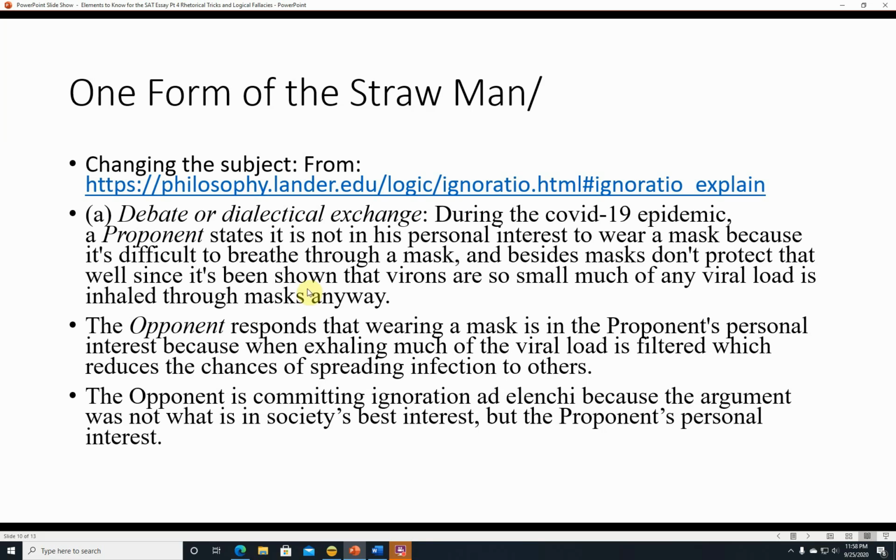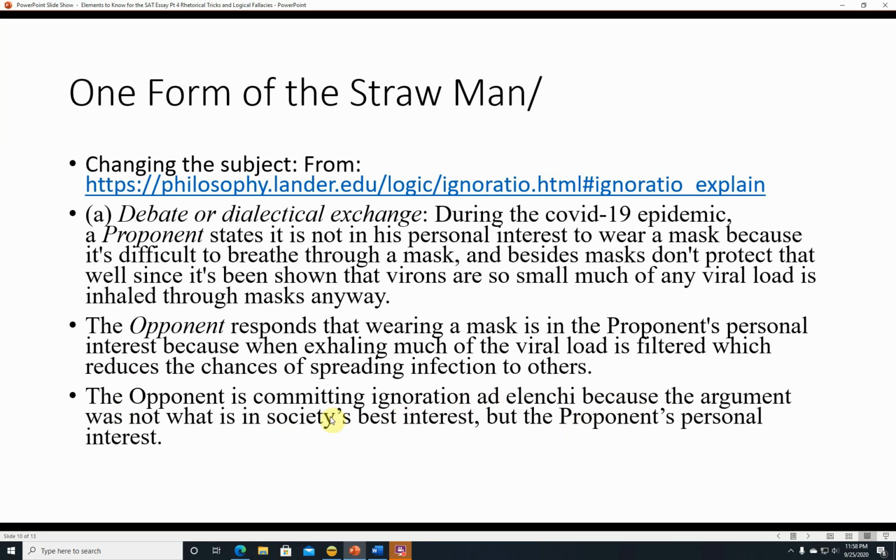I didn't write this. But anyway, the opponent responds that wearing a mask is in the proponent's personal interest because when exhaling, much of the viral load is filtered, which reduces the chances of spreading infection to others. The opponent is committing ignoratio elenchi, sorry about that, because the argument was not what was in society's best interest, but what's in the proponent's personal interest.